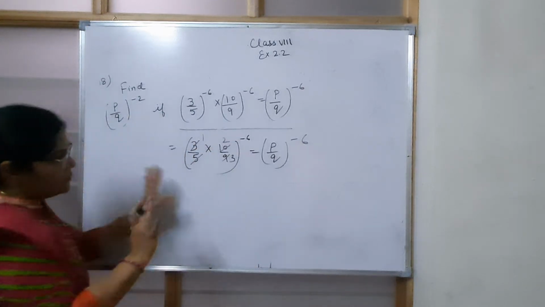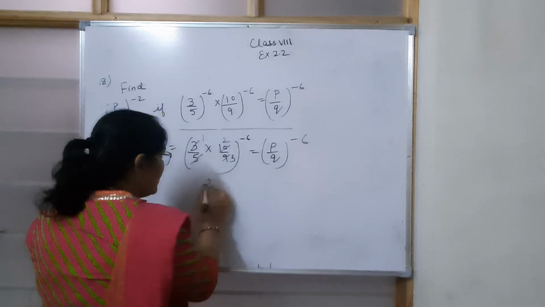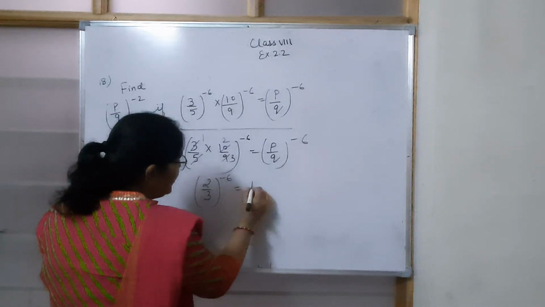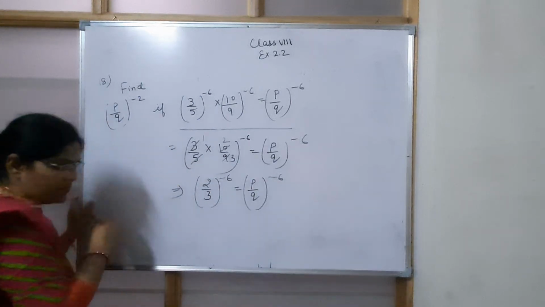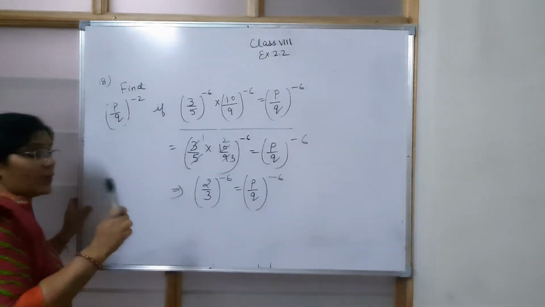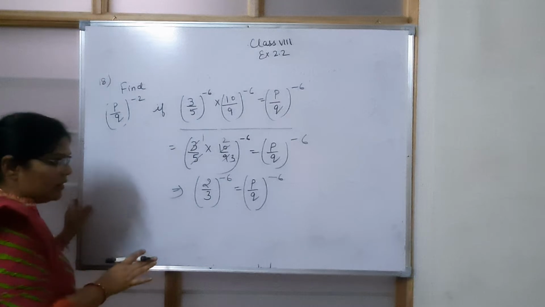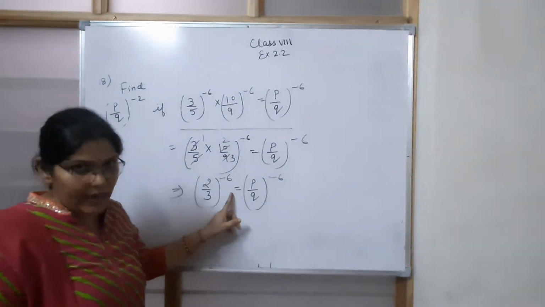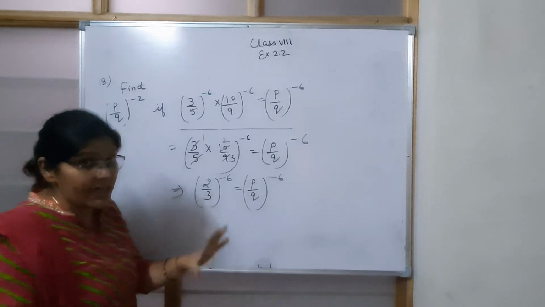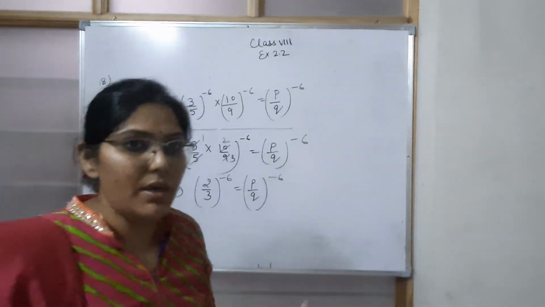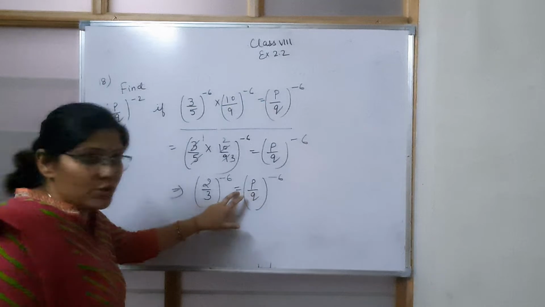So just look here, 2 upon 3 raised to the power minus 6 equals P upon Q raised to the power minus 6. Now, class, please pay attention here. Look here, it's an equal to sign. It means the number on the left hand side is equal to the number on the right hand side.